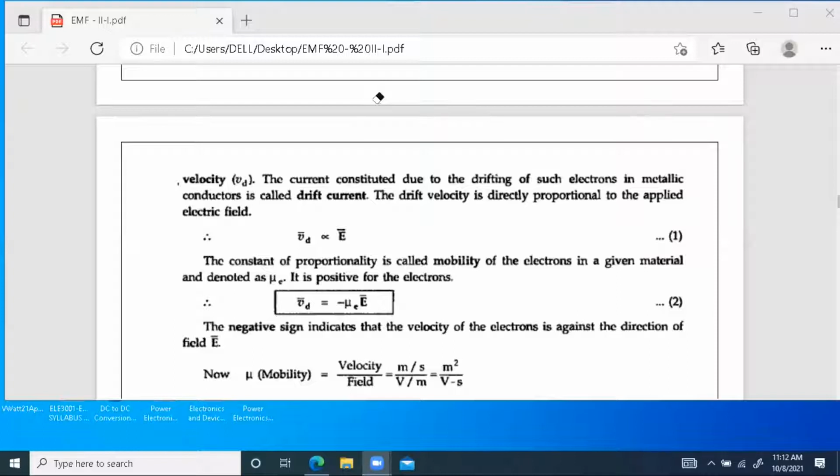The current constituted due to the drift of such electrons in metallic conductors is called drift current.